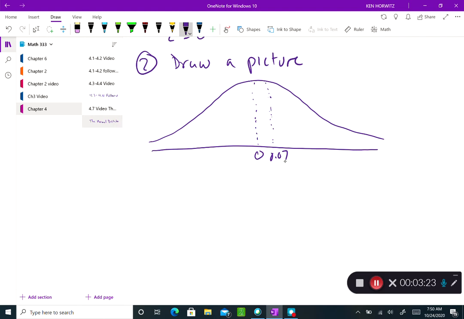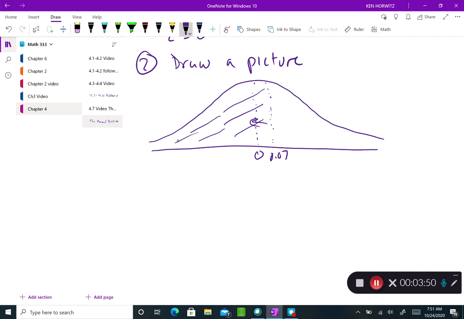Now, in our problem, we said we wanted the probability of a weight less than 174. So we want less than 0.07. Well, less is to the left, so we want our area to the left. Basically, we just need to find the area to the left of 0.07.